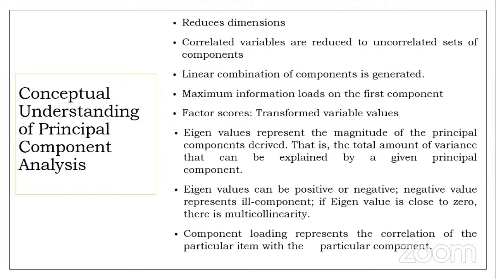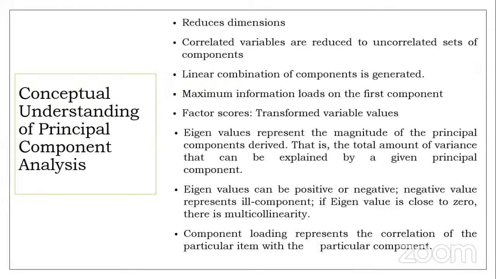Number 3, linear combinations of components are generated. So we focus on all the components which are generated, and those are generated as linear combinations. Fourth, maximum information loads on the first component.